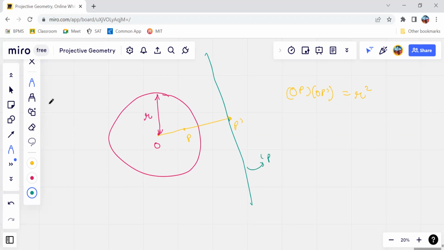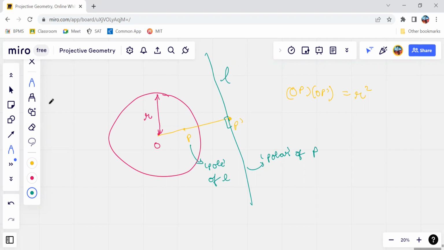And this line we're going to call the polar of P. And if you're given a line, let's call this line L, then this is called the pole of L. L is just a random line. So you drop the foot onto that line and then take its inverse, essentially just reversing what we did here.